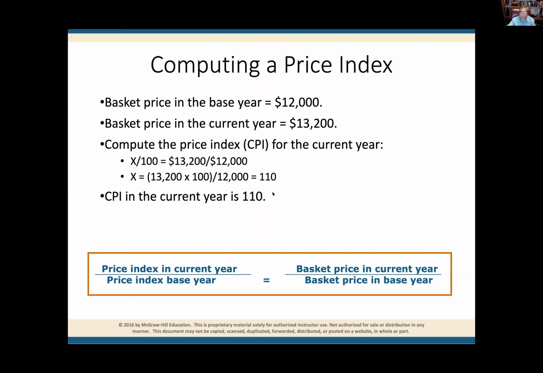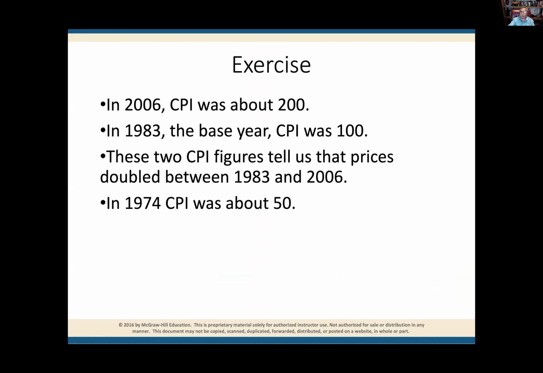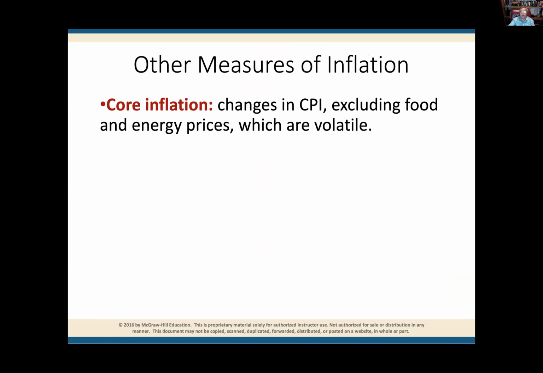So the way we compute prices is just by looking at the difference in prices from one time period to another time period. If we use the consumer price index, it simply means we use the same basket of goods. There are other indexes that we use to measure inflation. For example, we have the core inflation index. By the way, you don't have to know this for the exam.